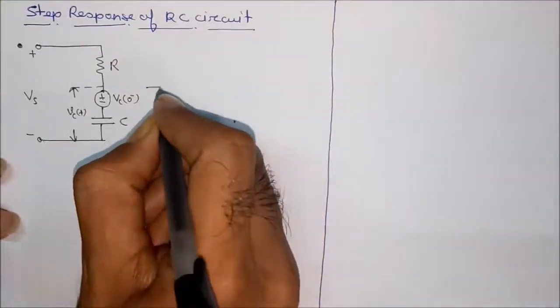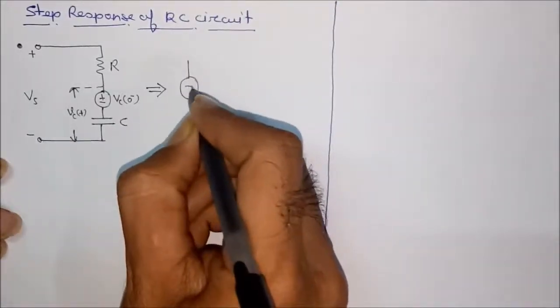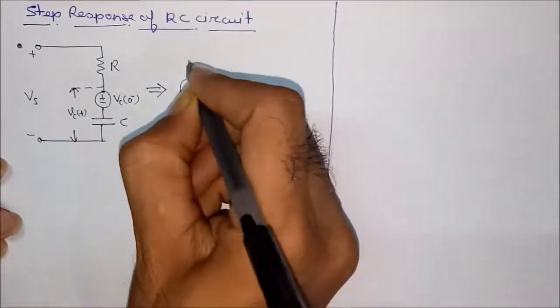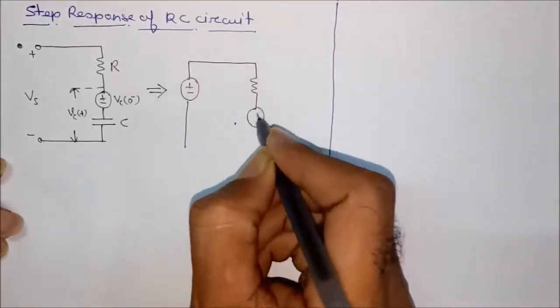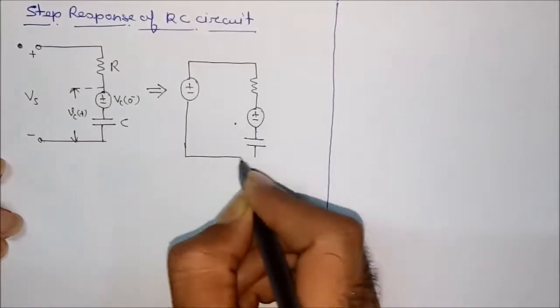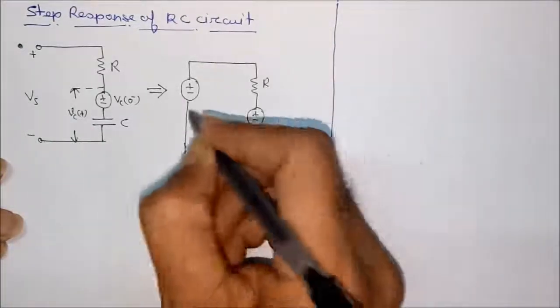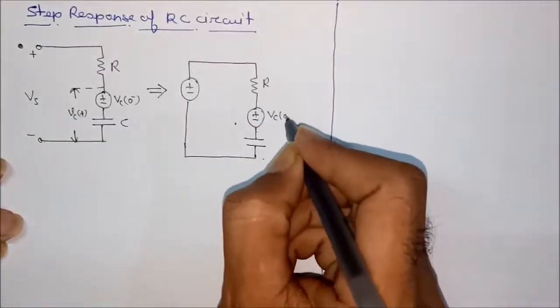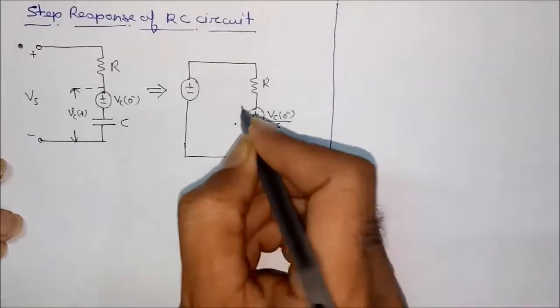Now its Laplace domain model will look like this, plus minus. This one is R, this one is the voltage source, this one is the capacitor. We have already derived such equivalent circuits. This one is R. This is the constant voltage Vc0 minus by S. This is 1 by SC.